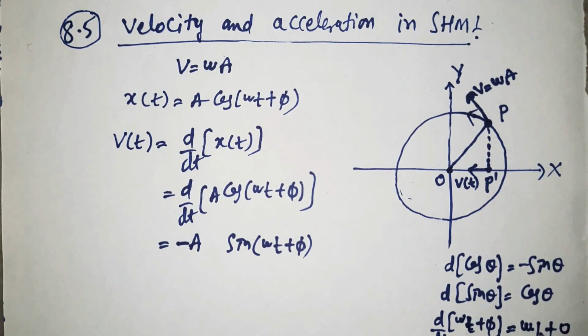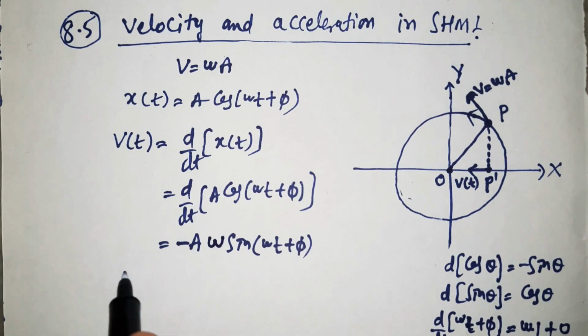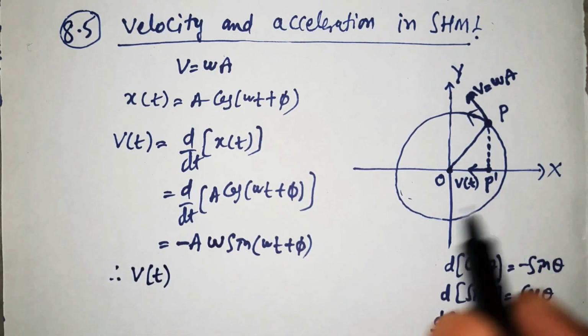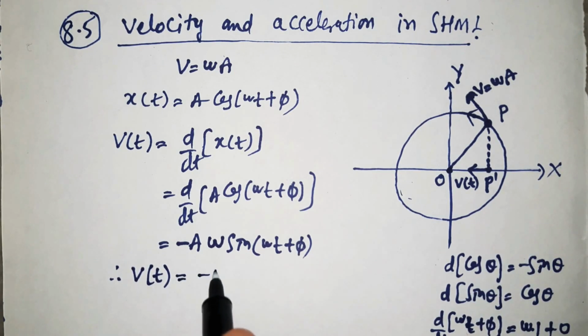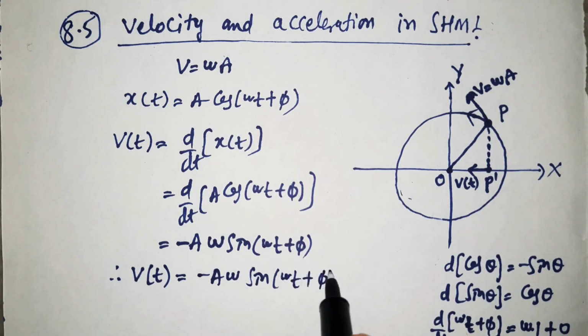So ω into 1 is ω, plus 0 is ω. So finally, the velocity of projection particle P' is v of t equal to minus aω sin(ωt + π).